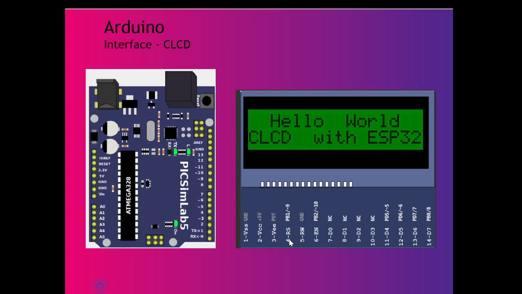And next, Arduino interface CLCD. This is the analog bits and this is the digital bits. This is a transmitter and this is a receiver.